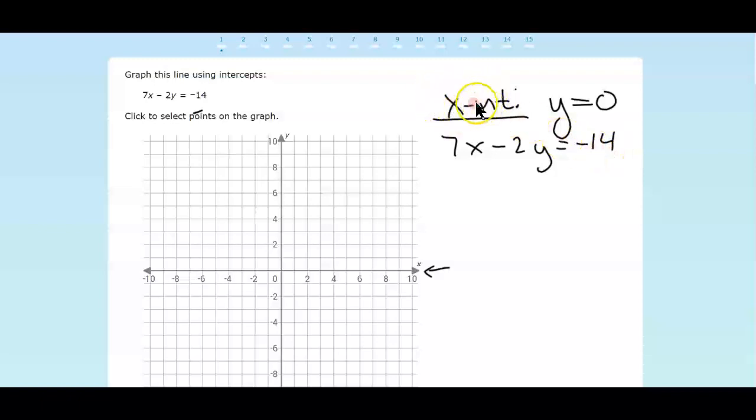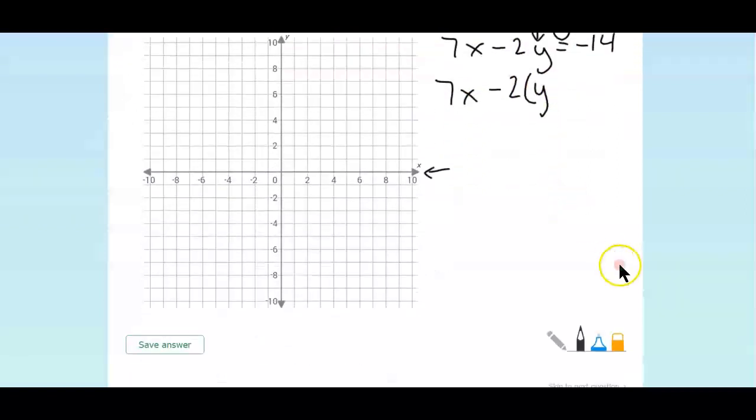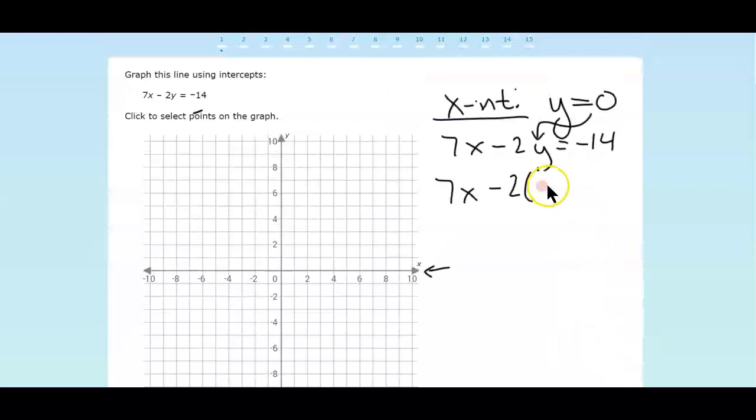And since our x-intercept is the x value when our function crosses the x-axis, and on the x-axis our y value is 0, we will substitute or evaluate for y equals 0.